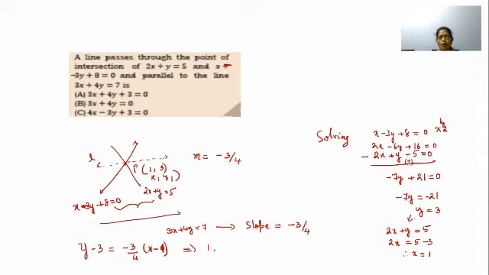Simplification gives me 4y minus 12 is equal to minus 3x plus 3. Taking all terms to one side, I get 3x plus 4y, sending this to the other side, equal to 15. I think option D is not given. Let us make option D as 3x plus 4y is equal to 15. This is the right answer.